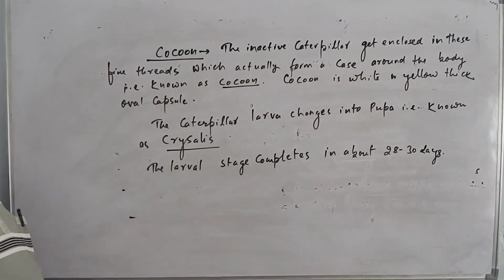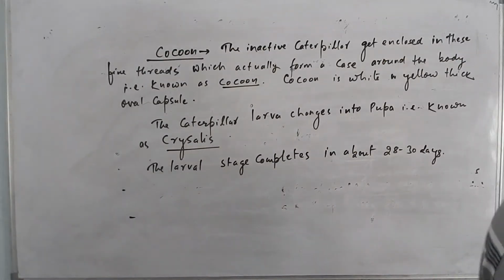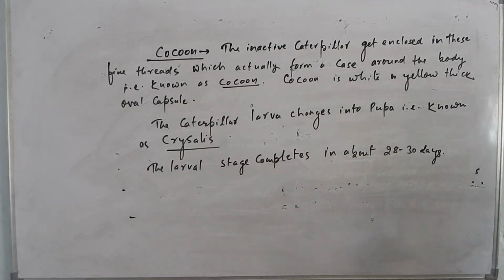So, we usually ask the question, what is the cocoon? The cocoon is the inactive stage of the larva, and these fine threads which enclose the larva in the form of a case are called the cocoon. It is usually white in color or sometimes yellow, thick.